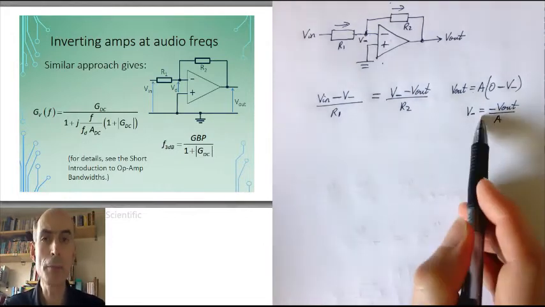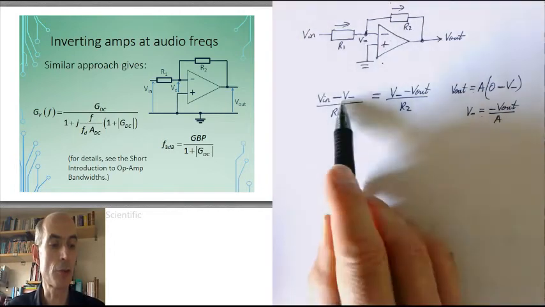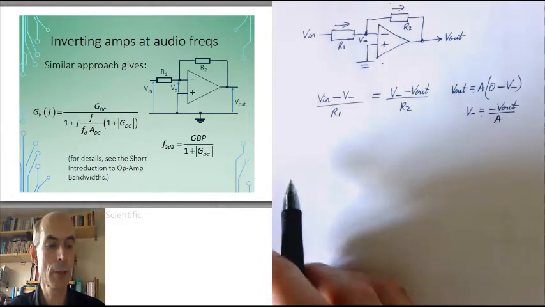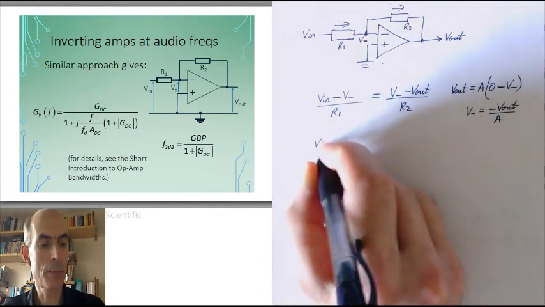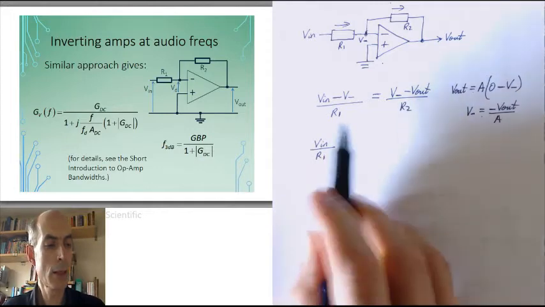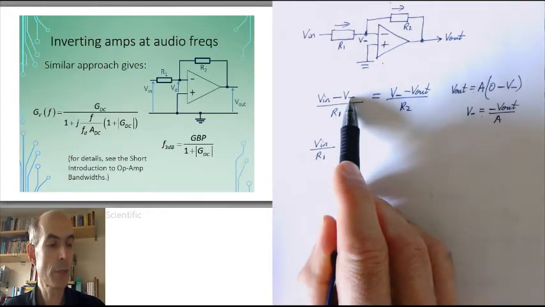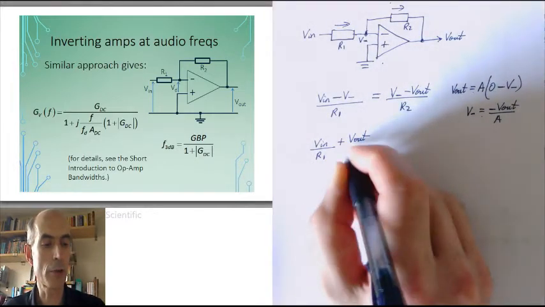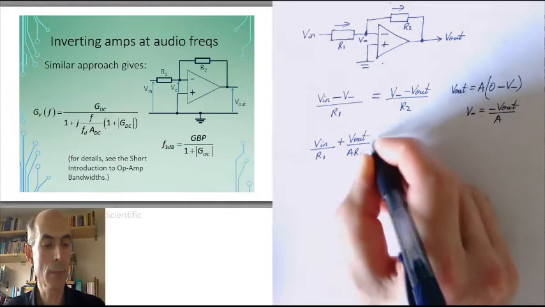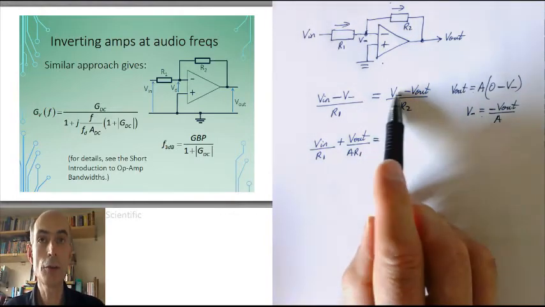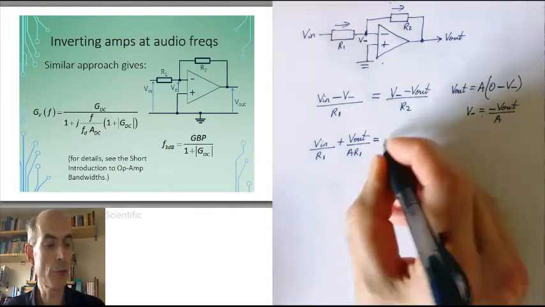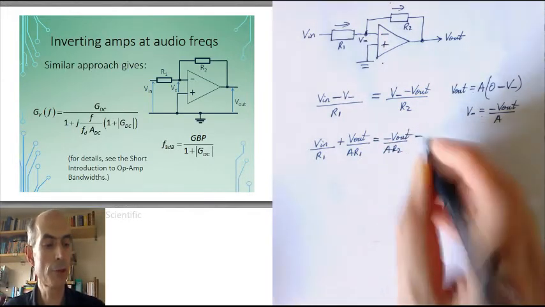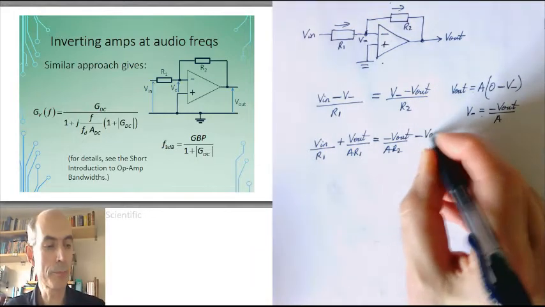Once I know that, I can substitute this into these terms and eliminate V minus from our equations. That gives me V in over R1 minus V minus, which is plus V out over A R1, equals V minus over R2, which is minus V out over A R2 minus just V out over R2.